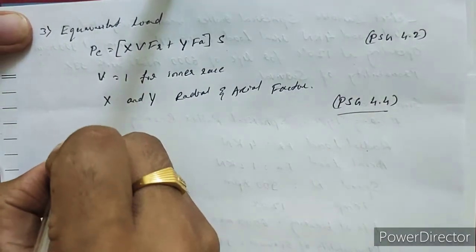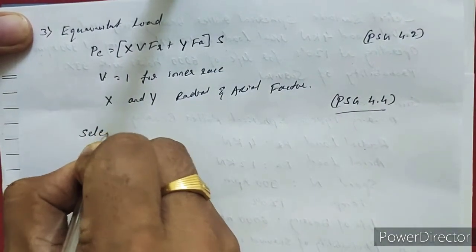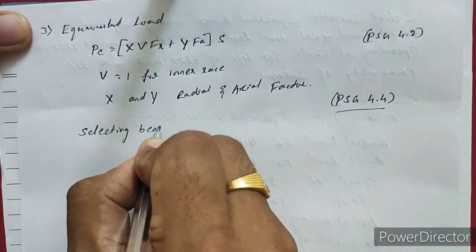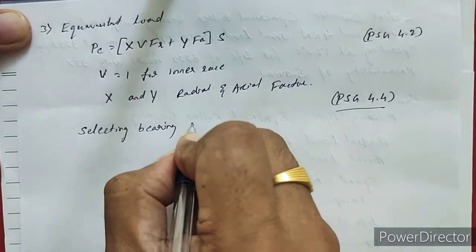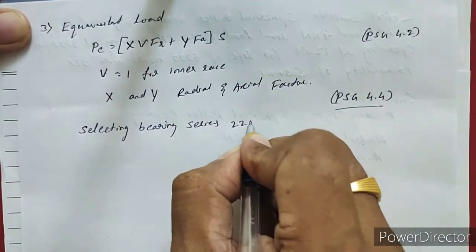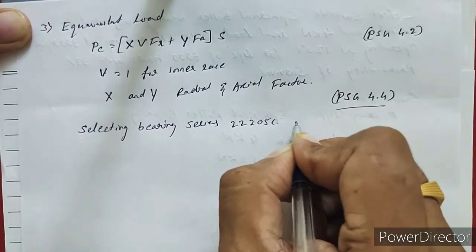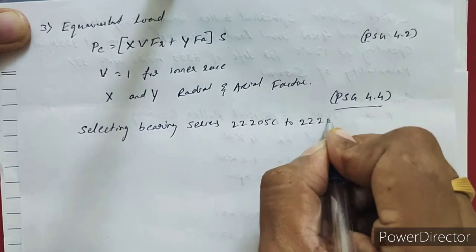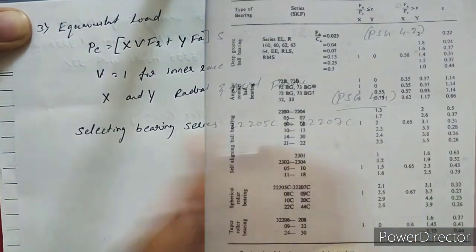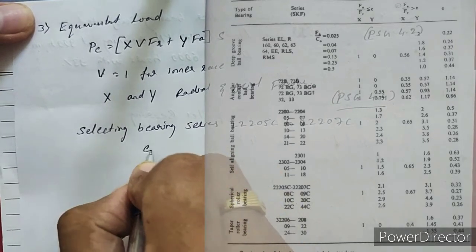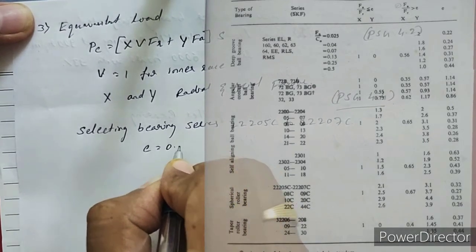So here I am going to select a spherical roller bearing from the 22205C to 22207C series. Here e for that series is 0.32.